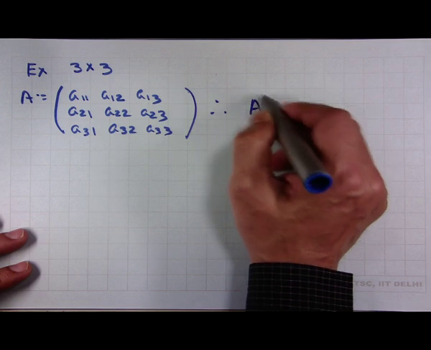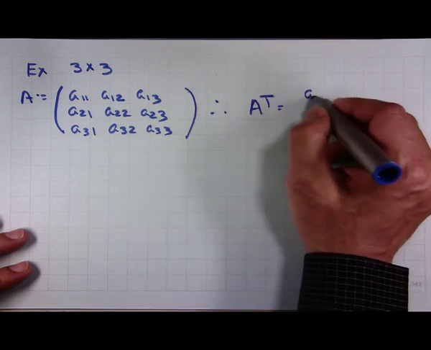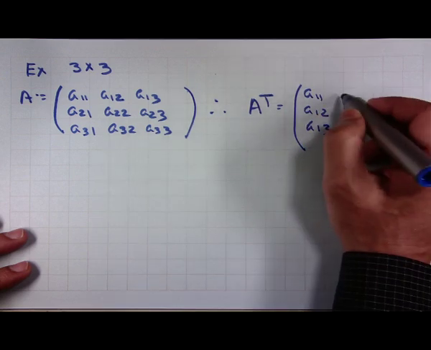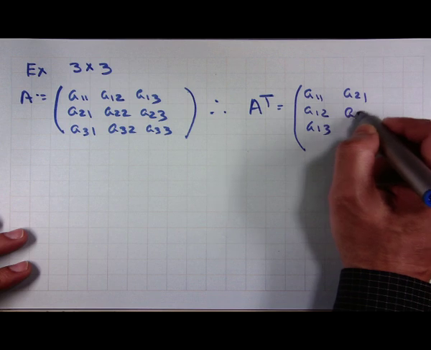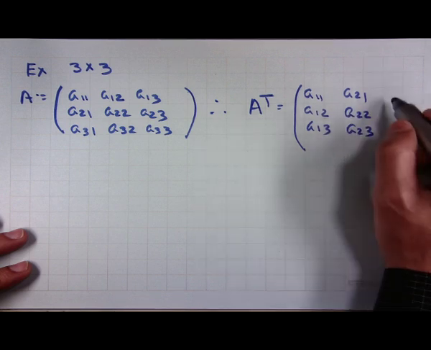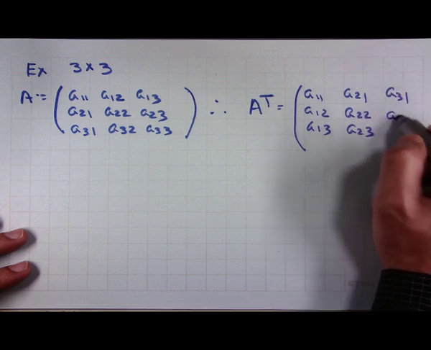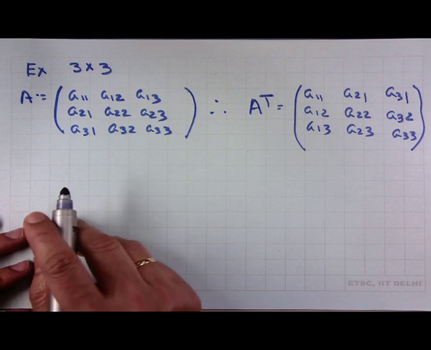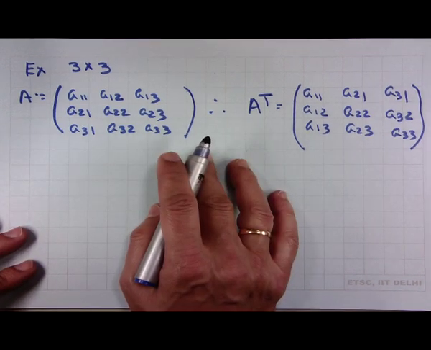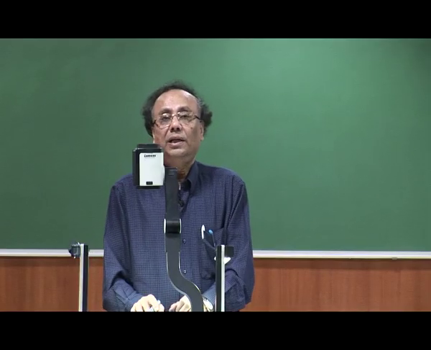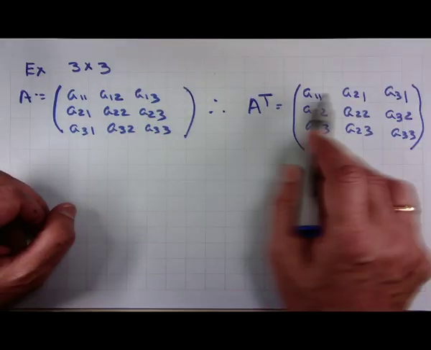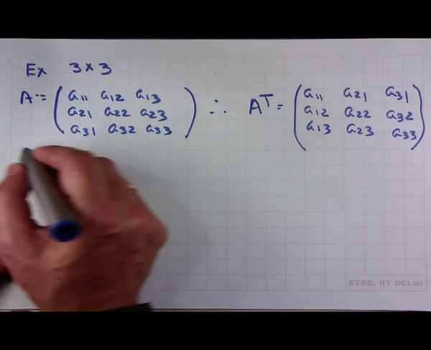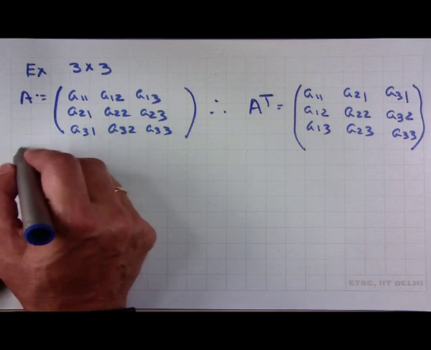Therefore, A transpose is equal to A11, A12, A13, A21, A22, A23, A31, A32, A33. You know that we get the transpose of a matrix by writing the ith row as the ith column. Therefore, first row becomes first column, second row becomes second column, and third row becomes third column. So, what is the determinant of A transpose?